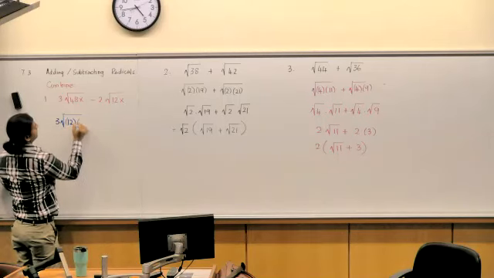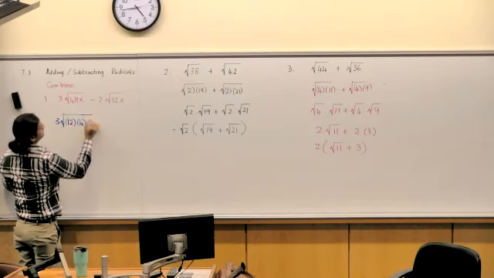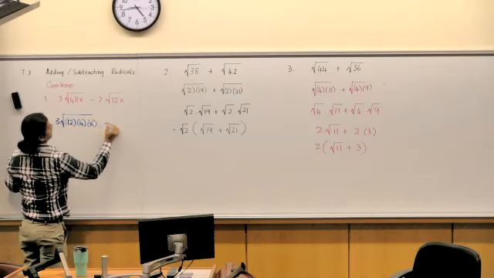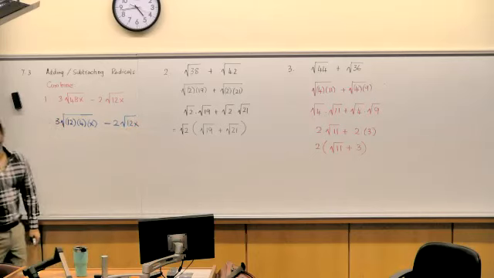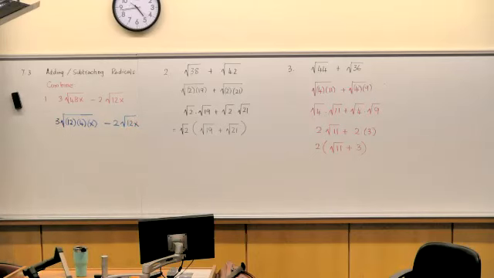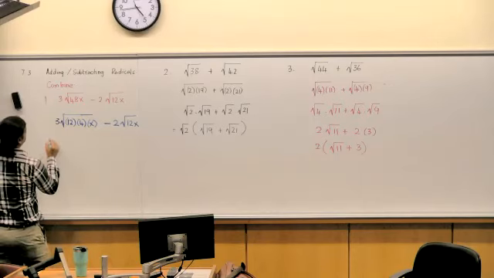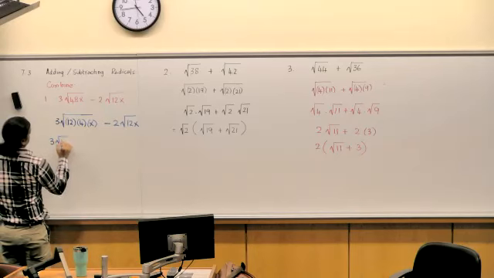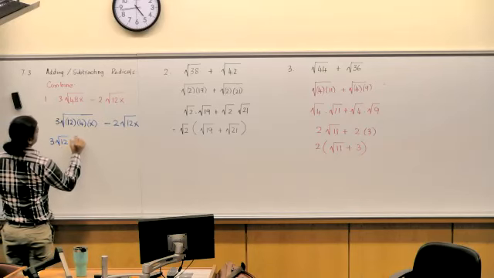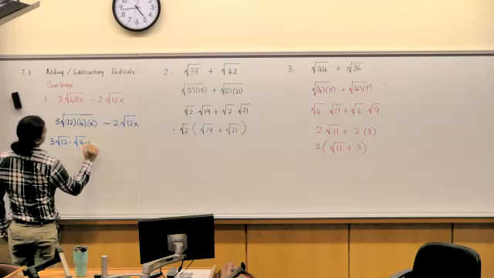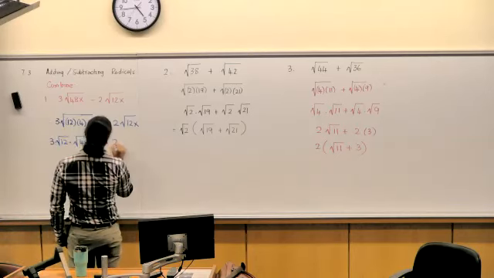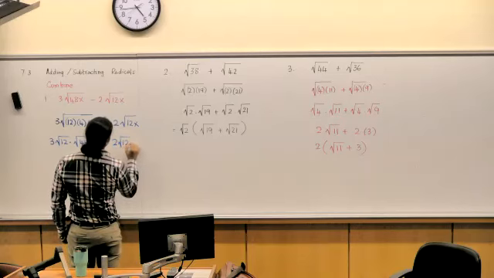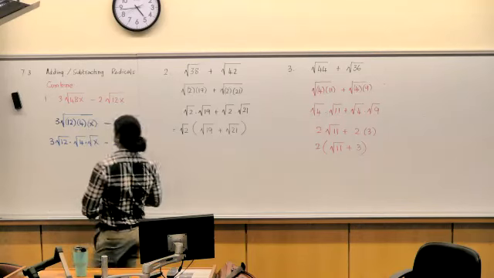So 12 times 4 times x minus 2 square root of 12x. Yes? And now I can split the root and apply it to each term. 3 times square root of 12 times square root of 4 times square root of x minus 2 square root of 12 times square root of x.